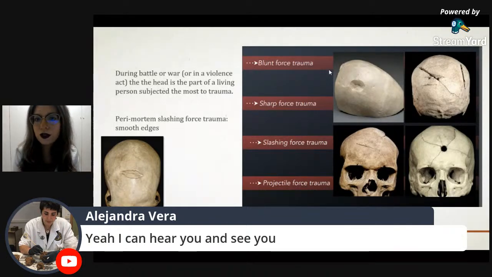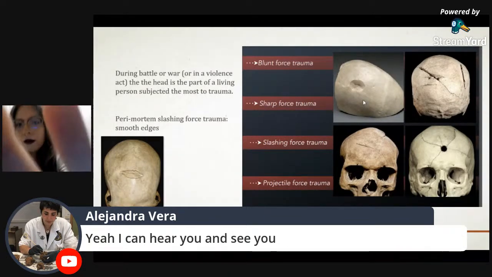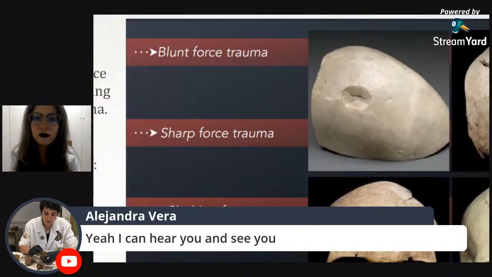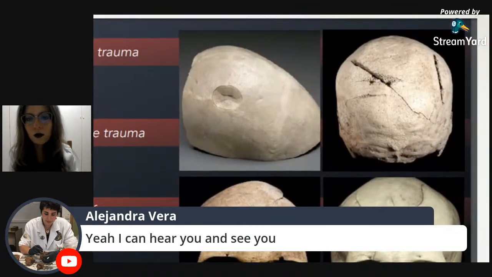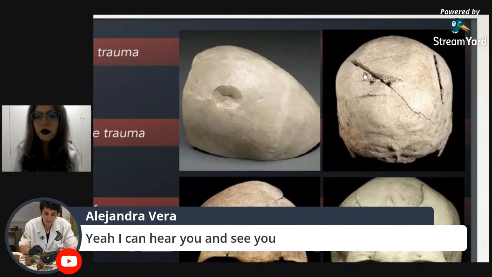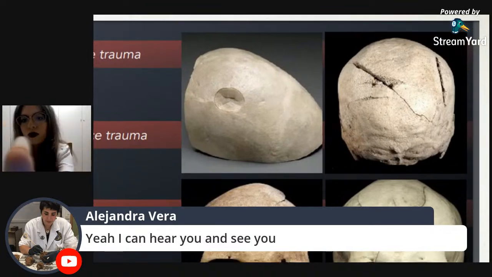There is blunt force trauma, which gives a spherical, cylindrical, circular injury. Sharp force trauma is thin and, looking with a microscope, could have a sort of triangular shape to it.